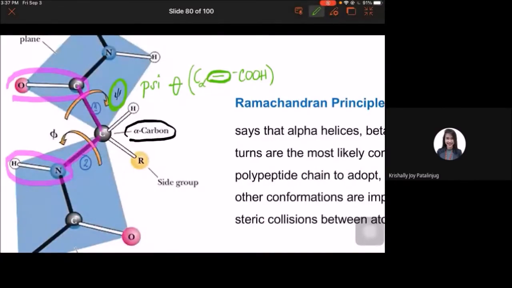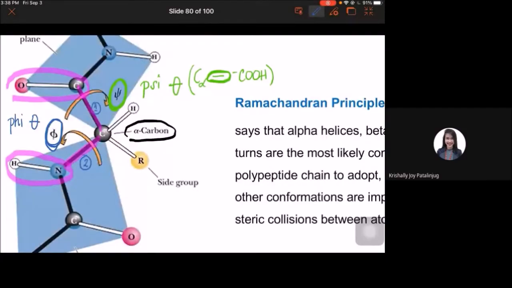Whereas the one below, which I will encircle with color blue, is called the phi angle. That is the second type of Ramachandran angle.